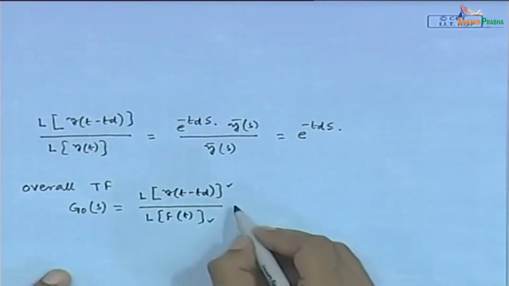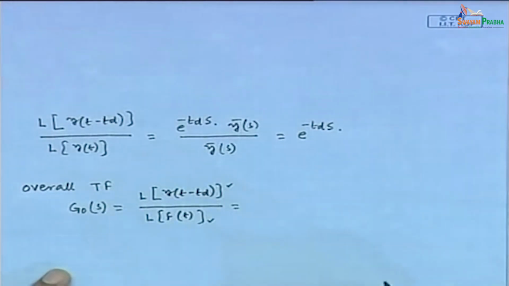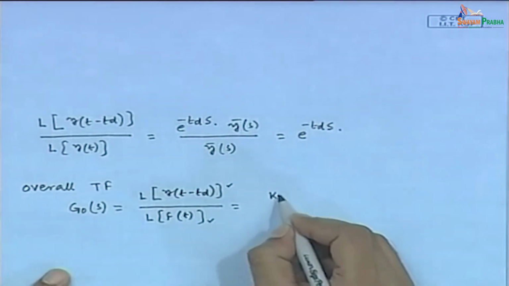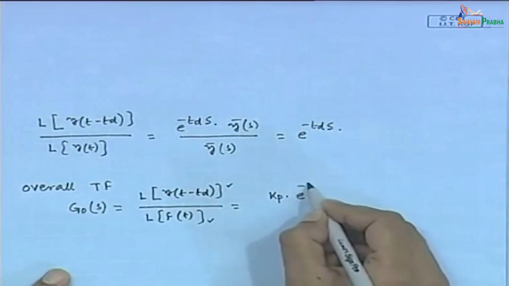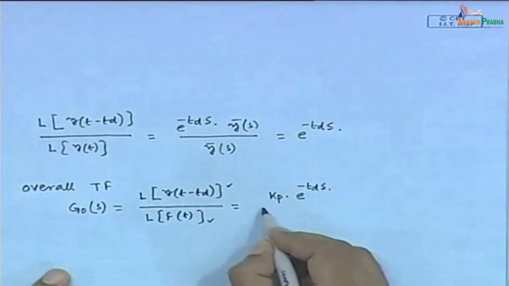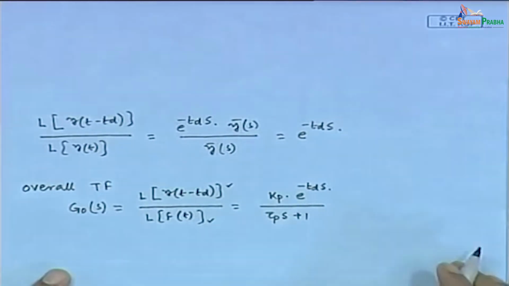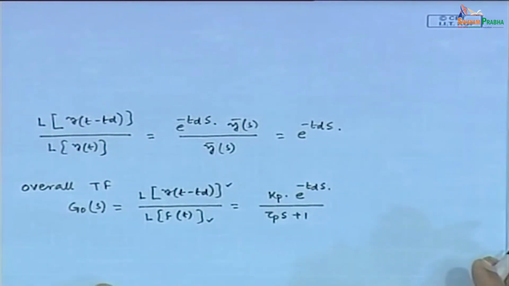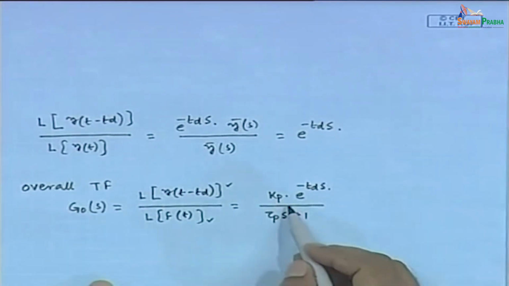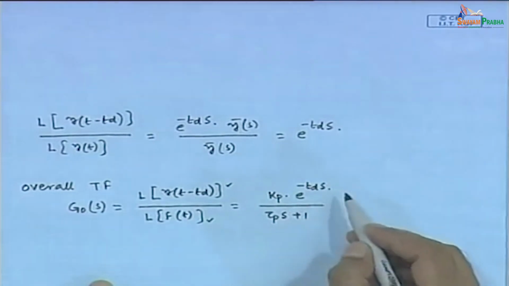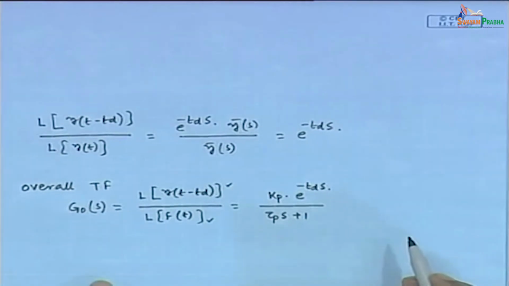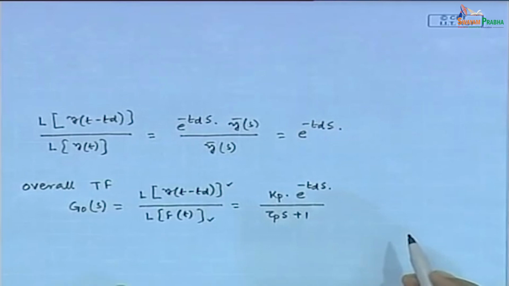domain. If we consider first order process, then the overall transfer function becomes Kp exponential of minus Tds divided by tau P s plus 1.